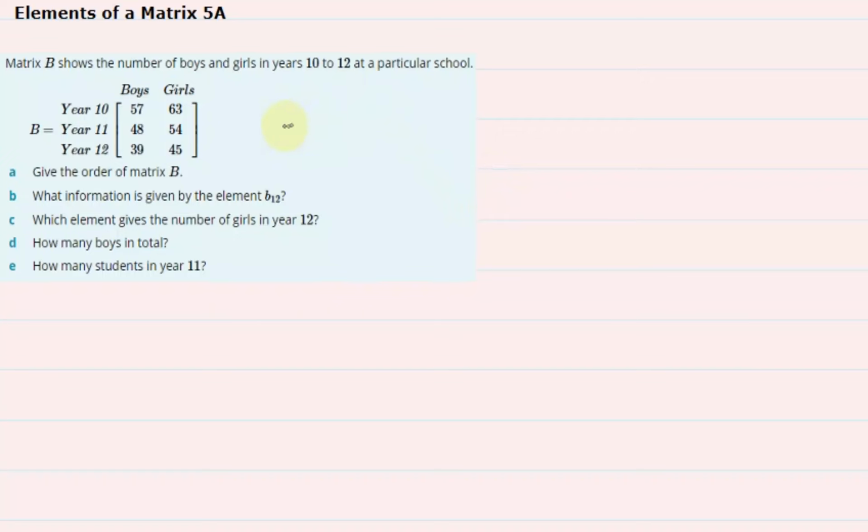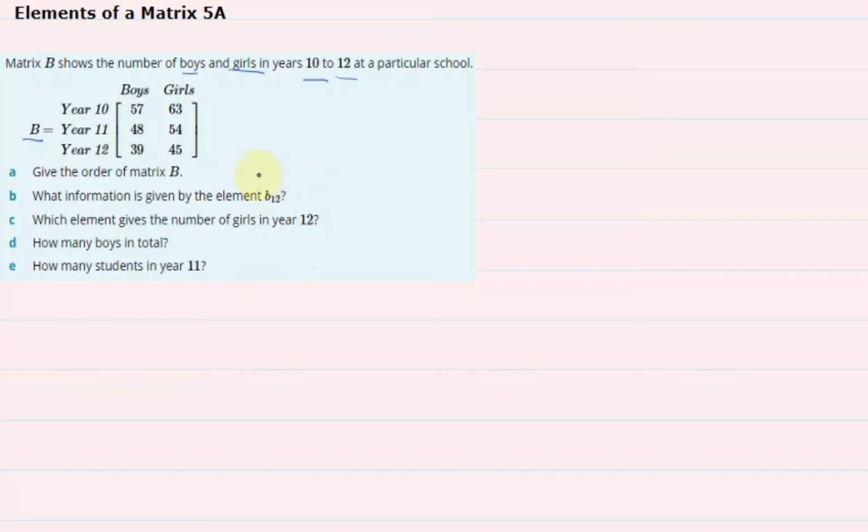So we've been given matrix B. First thing, most matrices are going to be given a variable, in this case B, as a name. This one, matrix B, contains a certain amount of information about boys and girls in years 10 and 12 at a particular school.